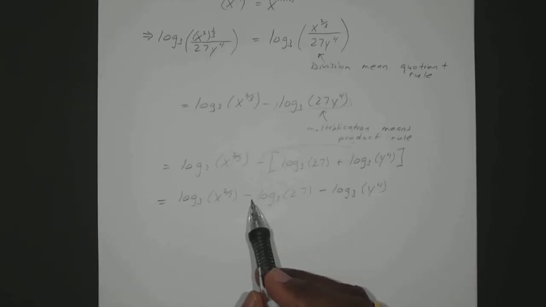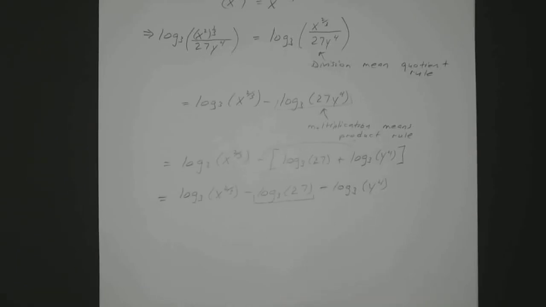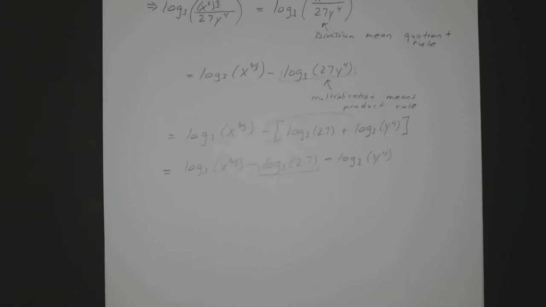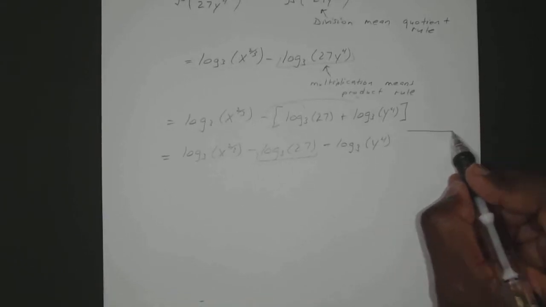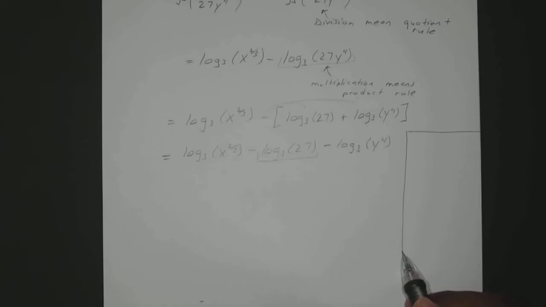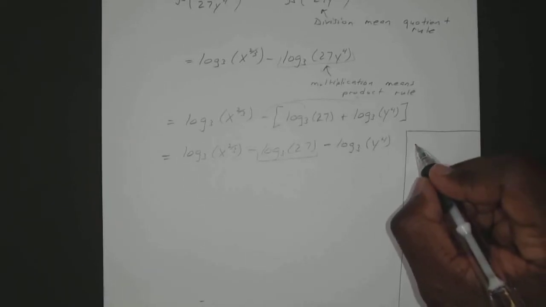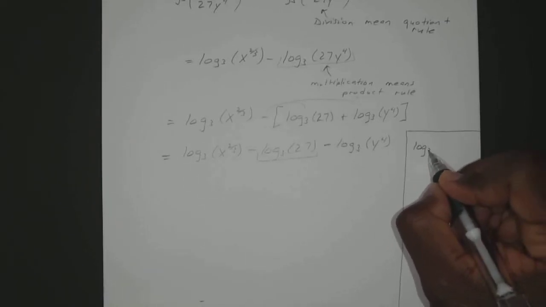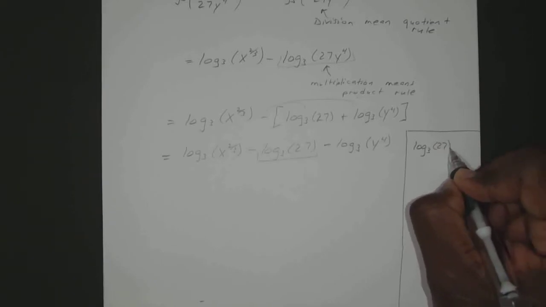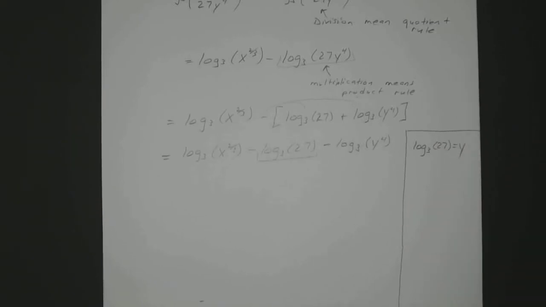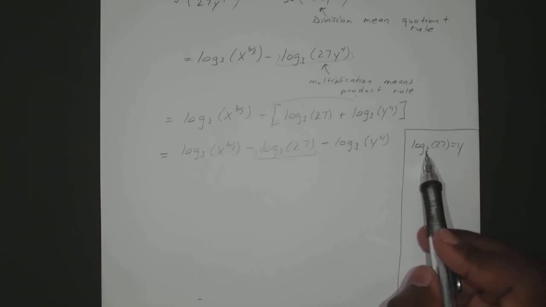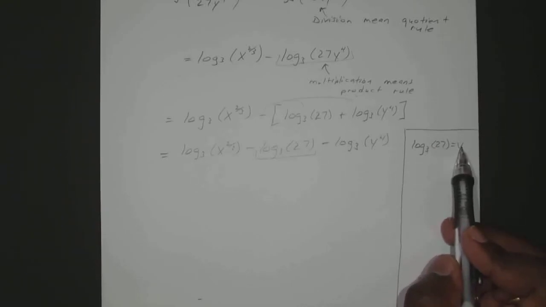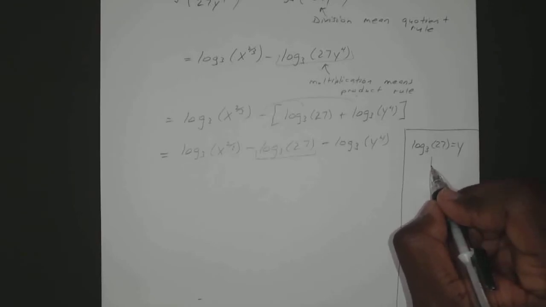Okay. Now this can be simplified. Since we're running out of room, I'm just going to write it on the side. So log base 3 of 27 equals y. If we convert it, it's 3 to the power of y equals 27.